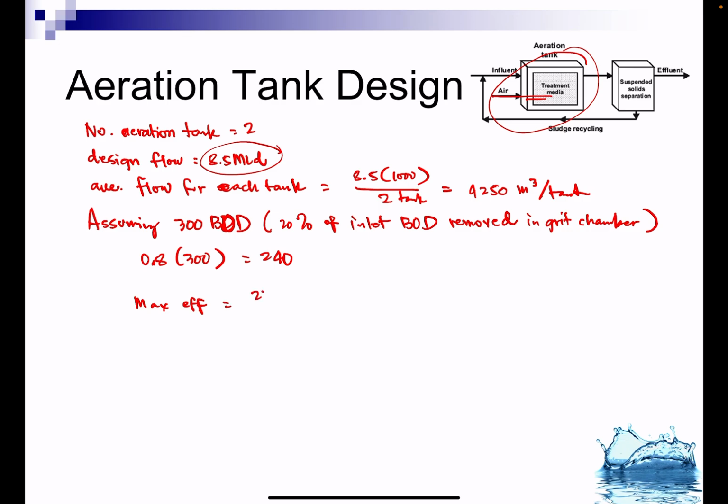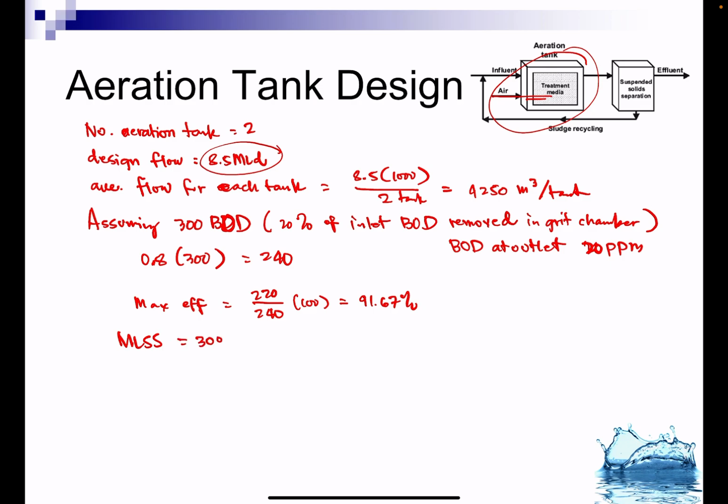Your outlet BOD target is around 20 ppm, so your maximum efficiency is 240 minus 20, which is 220, all over 240, times 100. That's around 91.67 or 91.7% efficient.